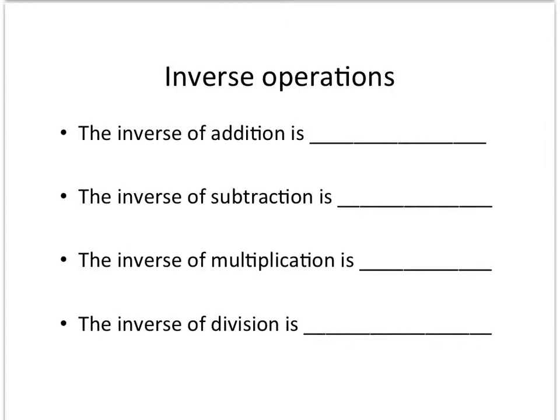Okay, so before we jump into a problem, let's review what the inverse operations are. If I give you addition, hopefully we think of inverse, or the opposite of addition, as subtraction. And likewise, if we have subtraction, the inverse of subtraction is addition.